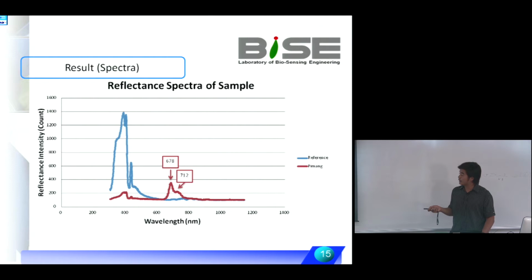And this red spectrum belongs to the green paper. This spectrum gives us information about the fluorescent phenomena on the surface of the green paper, and it gives peaks at 678 and 712 nanometers, which give red color as the emission light.